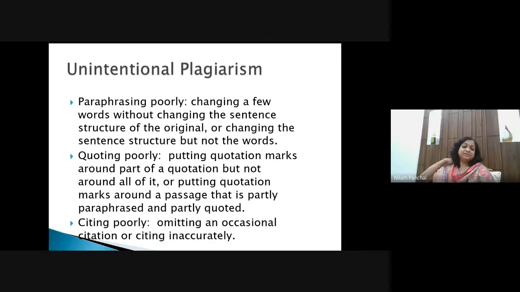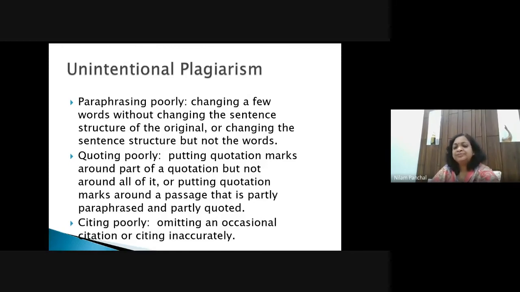Now this happens mostly in the case of the literature review. When you're doing the literature review, many a time people paraphrase using a few different words only, or even without changing a statement. Which is not a good sign, because somewhere or the other, when you're doing this, you can fall under the category of plagiarism.